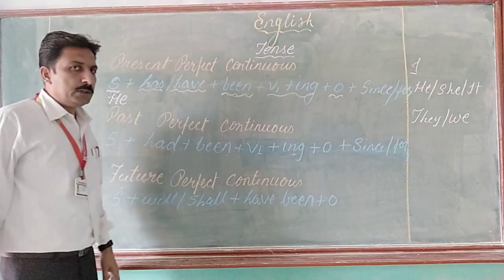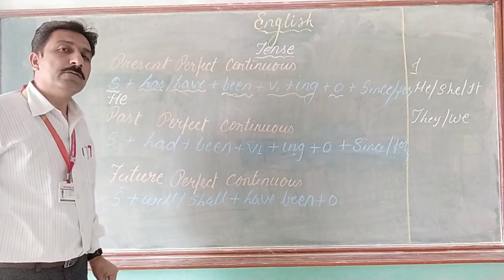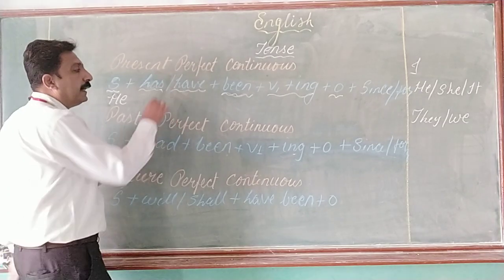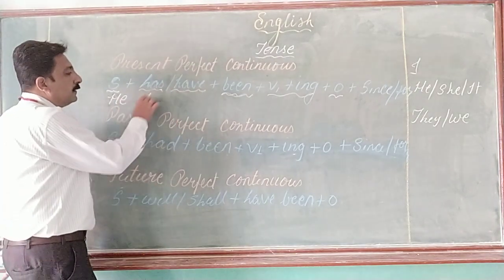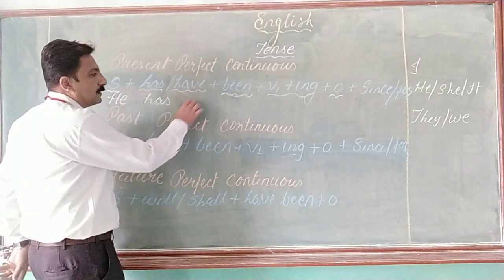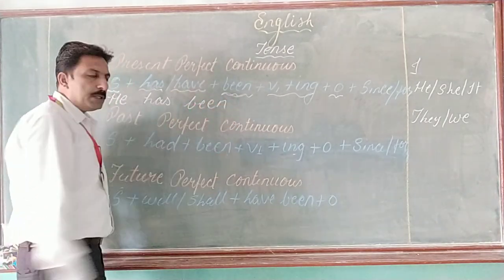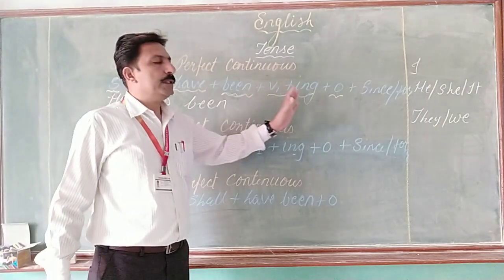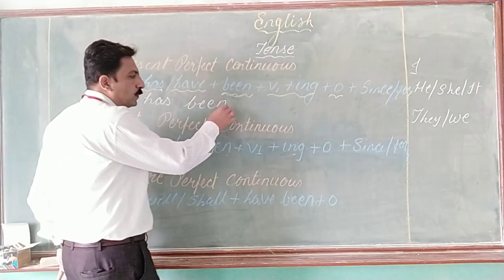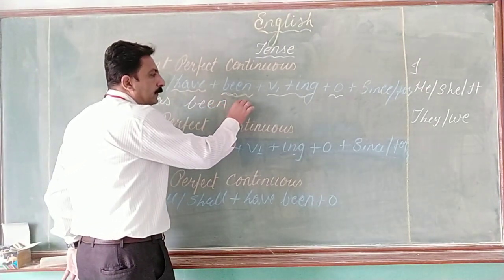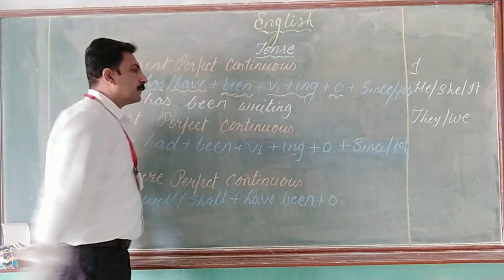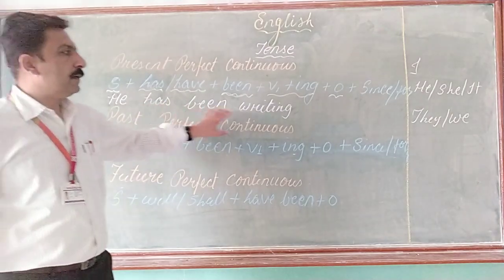And you already know what is the singular form of helping verb out of these 2? Yes, it is has. He has. Now this is a common thing. He has been. Now one verb with ing form. So he has been, if I choose writing, he has been writing.